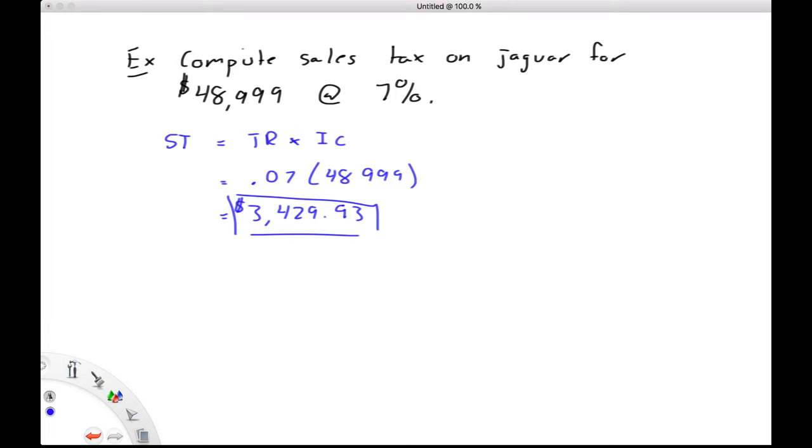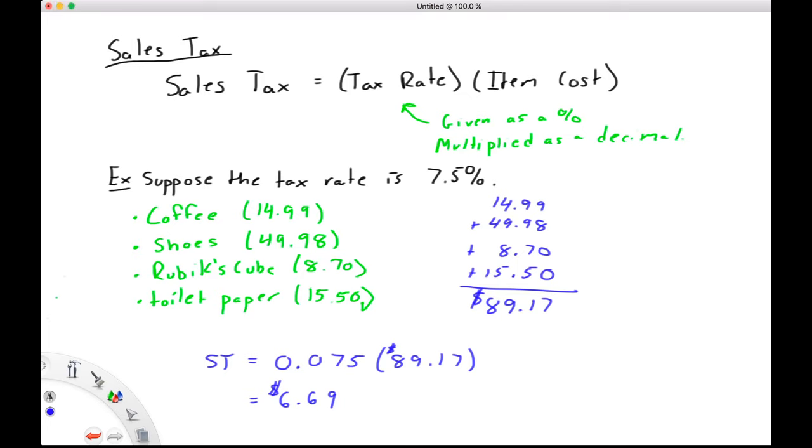Let's see if we can come back to this example here. We've got $6.69 that we paid in tax, and we paid $89.17 for the items themselves. We might ask the question, I'll say this is part B, how much do we pay in total?